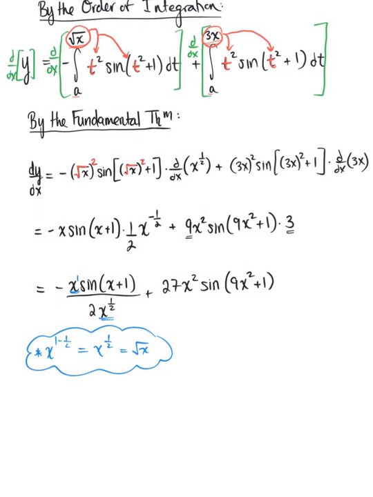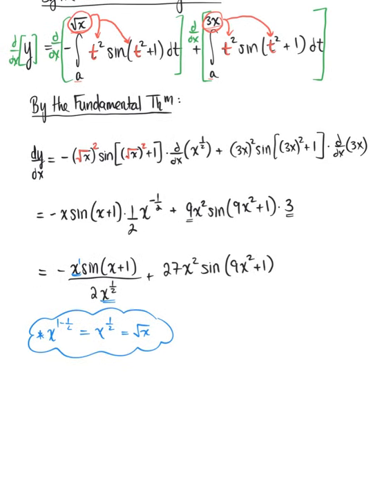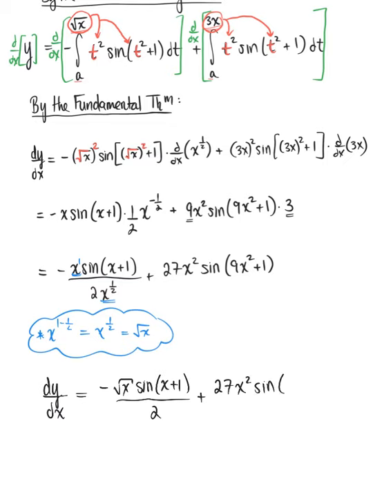So our very beautiful, very large final answer by the fundamental theorem of calculus: the derivative of y with respect to x is minus the square root of x times sine of x plus 1 all over 2, plus 27x squared times sine of 9x squared plus 1.